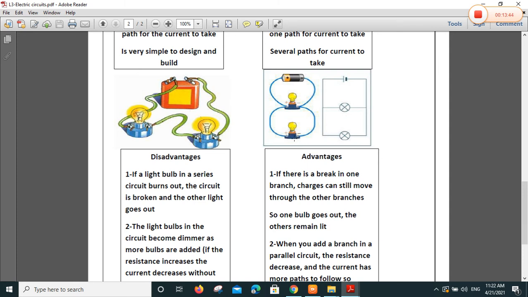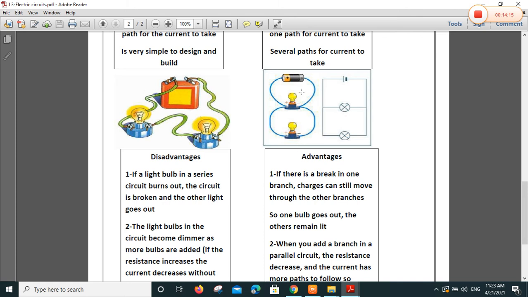Look at page 179, the parallel circuits. All connections in any building or in your home are connected in parallel circuits, because if one goes out, the others remain lit.